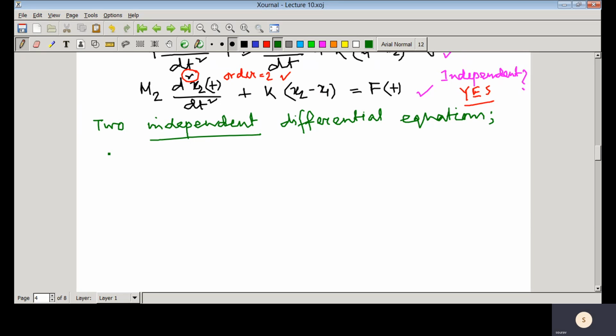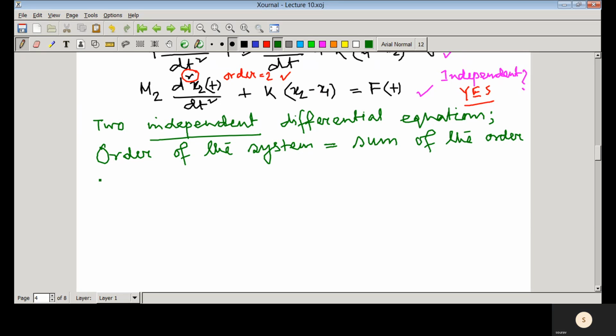So the order of the system, as you know, is equal to the number of state variables you need to describe that system. It is equal to the sum of the orders of the differential equations.